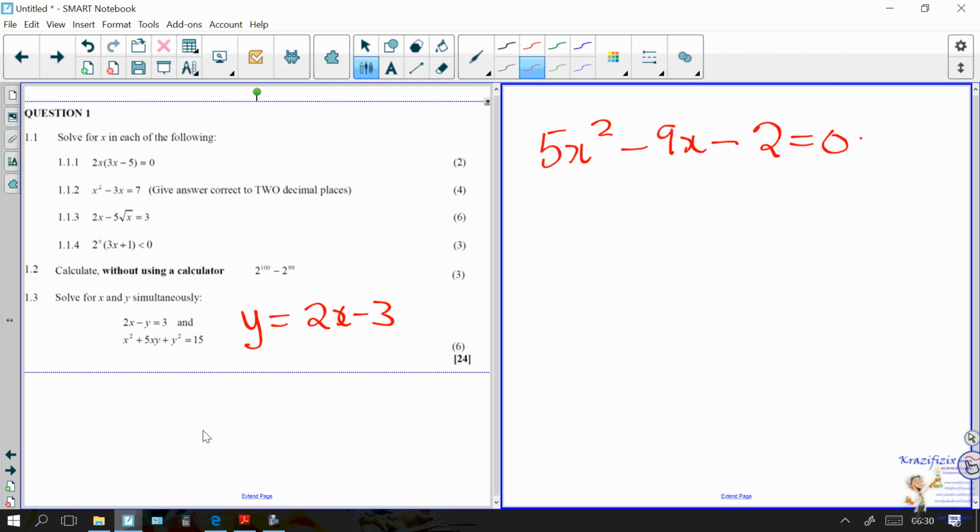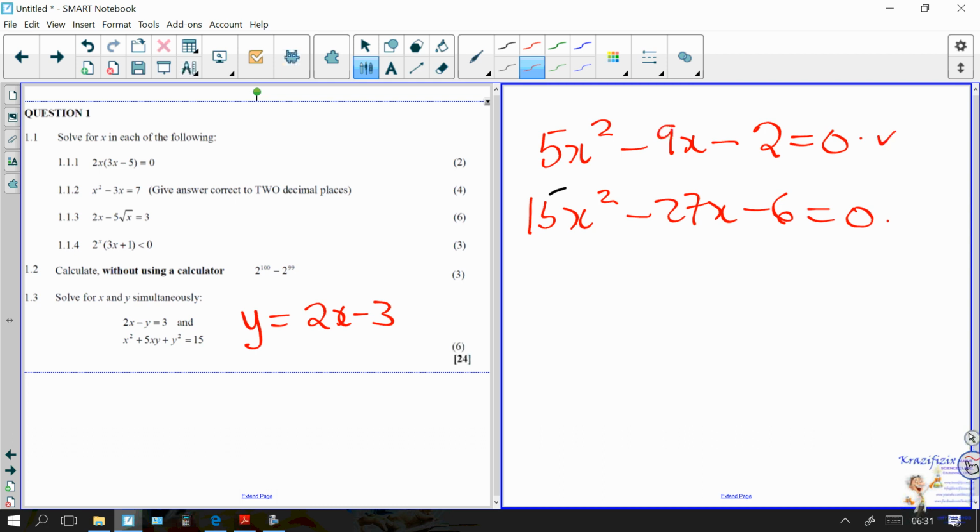Okay, are we sure of that? I remember we had 15x squared minus 27x minus 6 equals 0. We said we could divide through by 3. So if we divide through by 3, we get all of that. All right, good. Now, can we solve this?